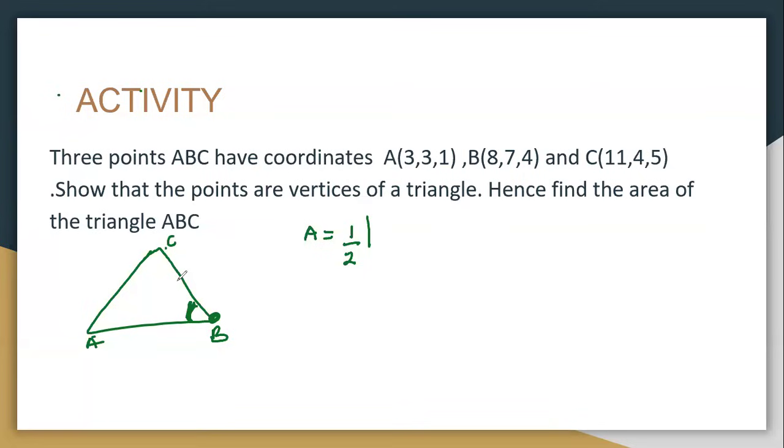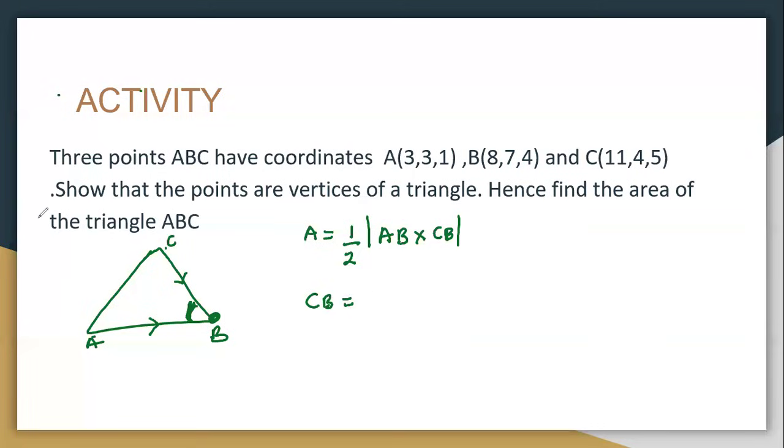So AB and CB, AB times CB. We had our AB already from the previous calculations, but we didn't get the CB. Let us try to get the CB.